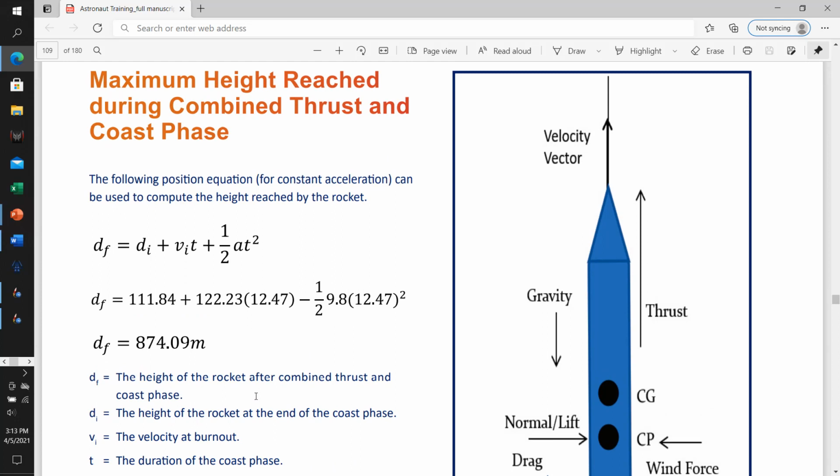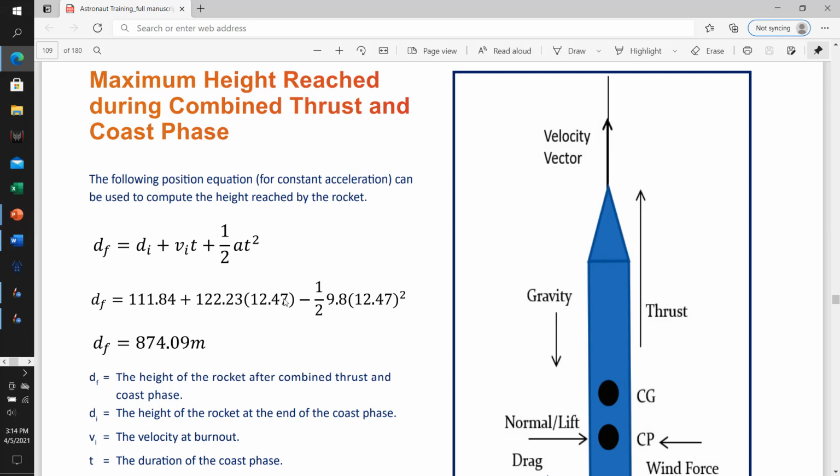Okay, so now we can find the total height that the rocket flew to. And we'll use this equation again. So D initial is the location of the rocket after the thrust phase. Okay, we've already computed that. Plus the velocity of the rocket at the end of the thrust phase, that's 122.23. And then 1/2 AT squared, so only acceleration due to gravity here.